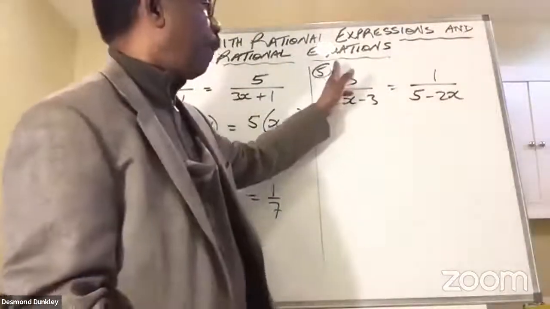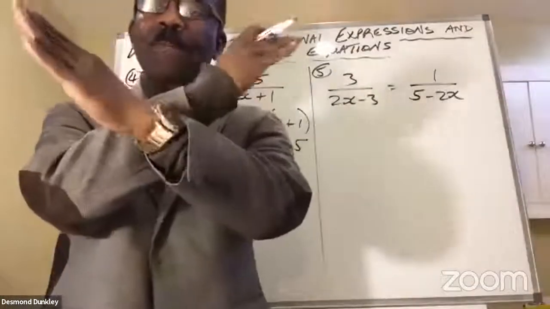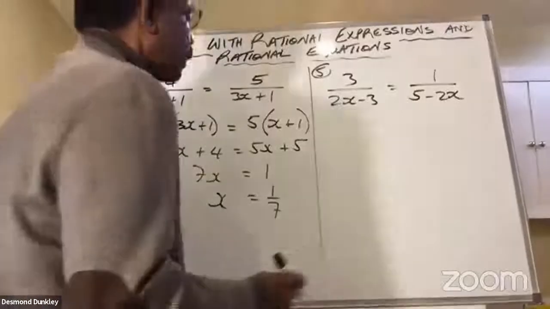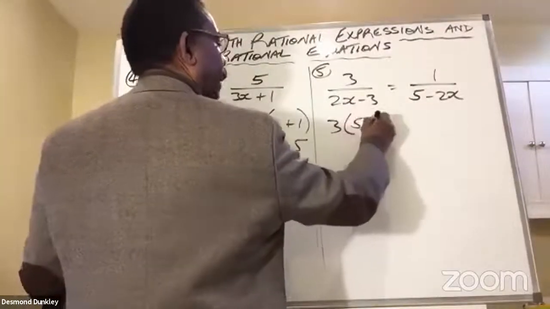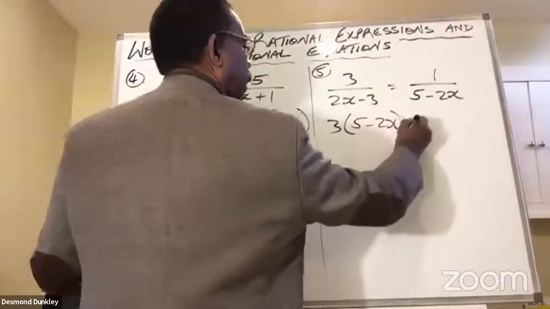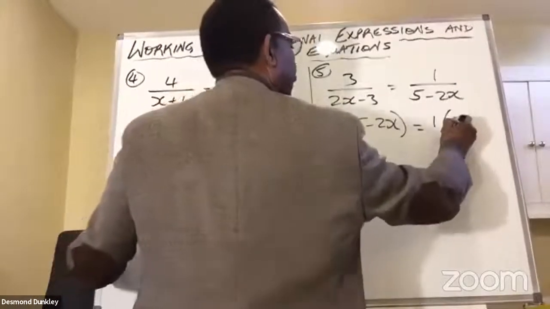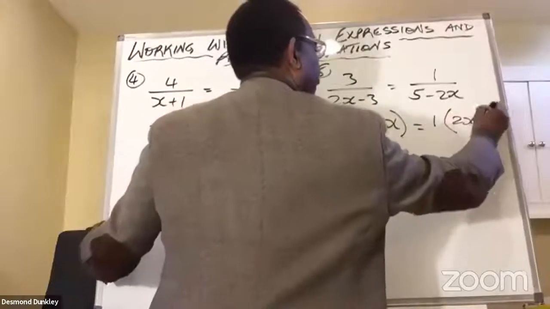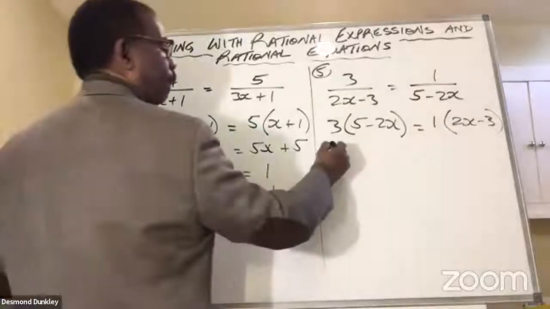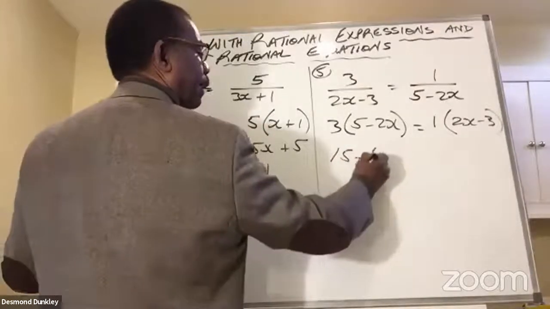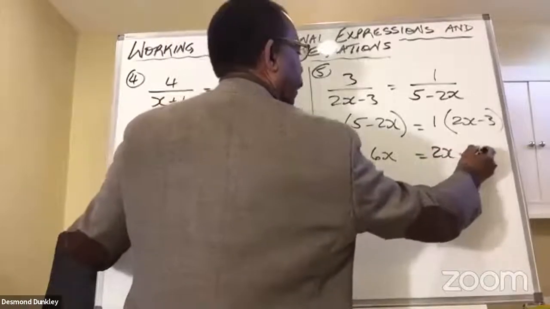When you just have a fraction on the left and a fraction on the right, you can use the concept of cross multiplication. So this becomes 3 times 5 minus 2x equals 1 times 2x minus 3. And then what do we end up with? 15 minus 6x equals 2x minus 3.